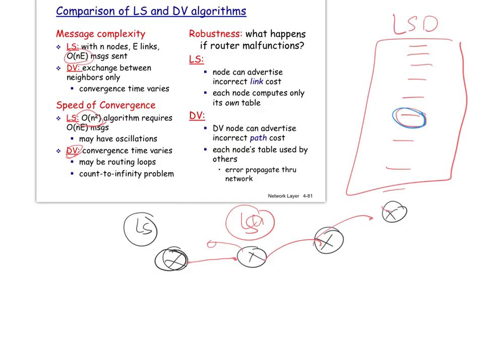Just one will be wrong, right? Because we have to maintain the link state database with all the individual link states. Right? If one router malfunctions, one of these edges will have a wrong link state. Right? Just one, for example. Are you with me?